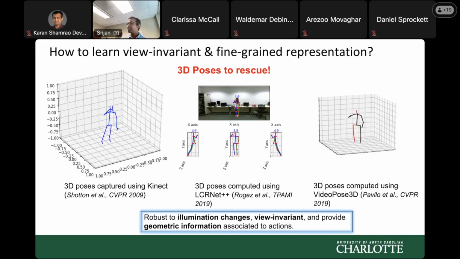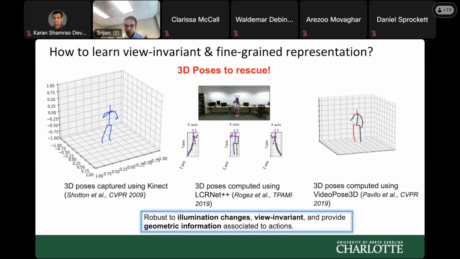But why do we need this kind of 3D poses? Because since they are 3D, they are robust to illumination changes, viewpoint invariant, and they provide geometric information about the actions being performed. Now, this is a big problem in computer vision, that we expect the models to perform the way humans perceive the environment, but it is a bit unfair because to the computers we provide images, they don't have 3D information, but we as humans have access to the 3D information of the world.